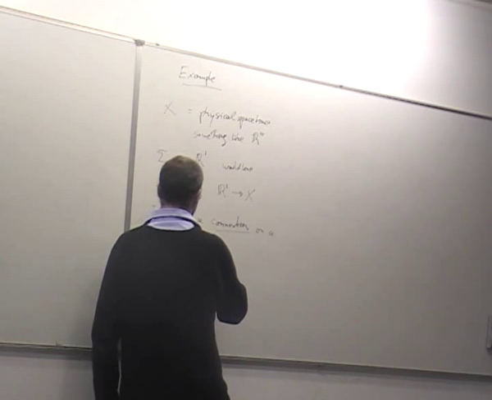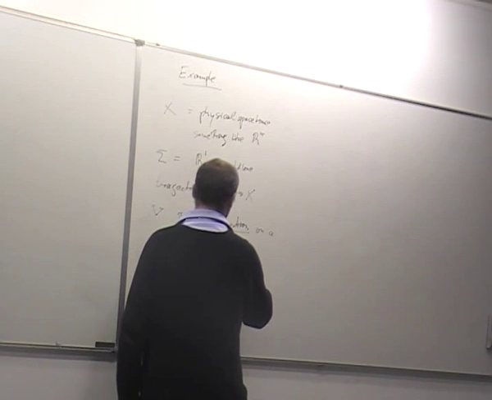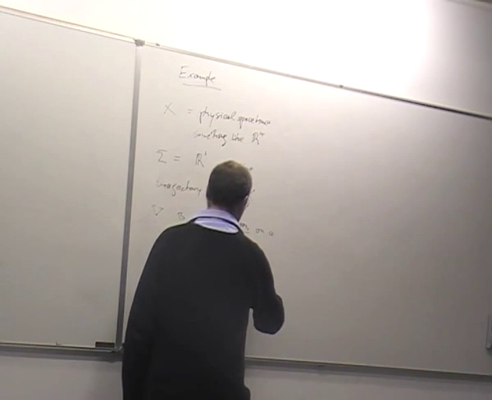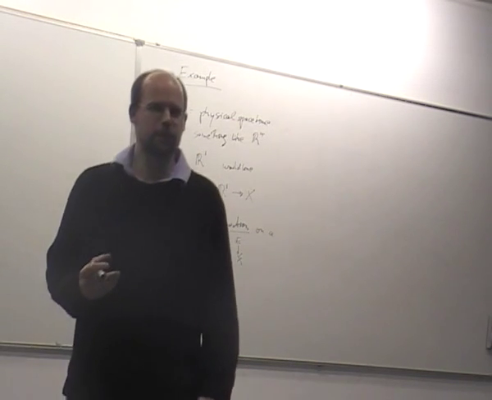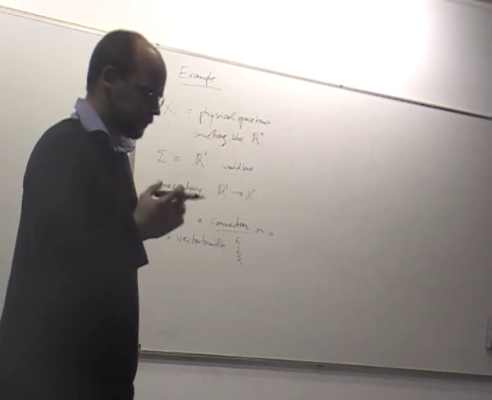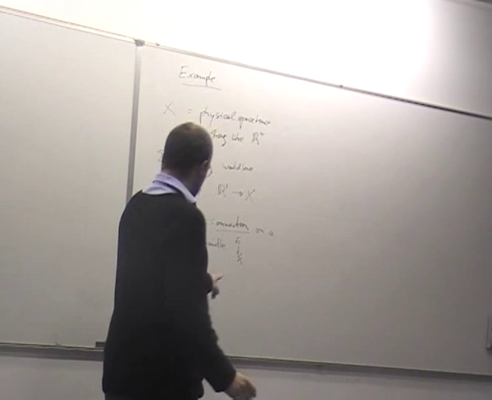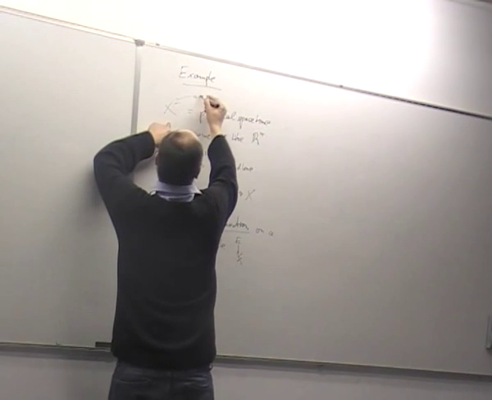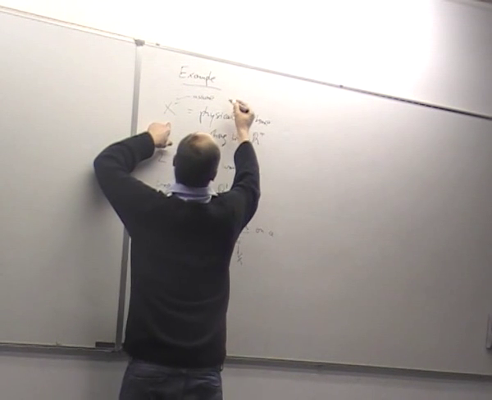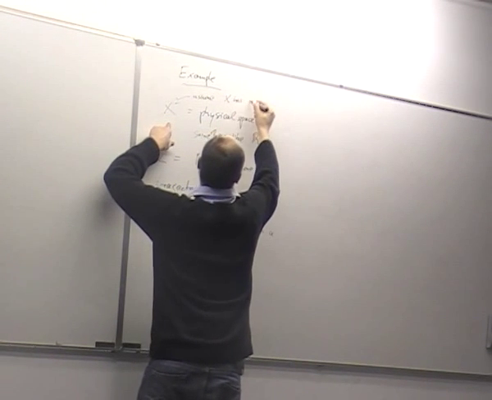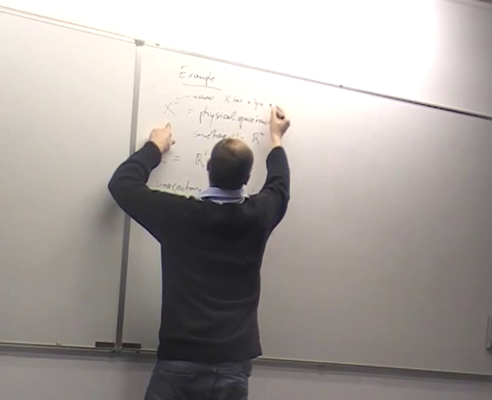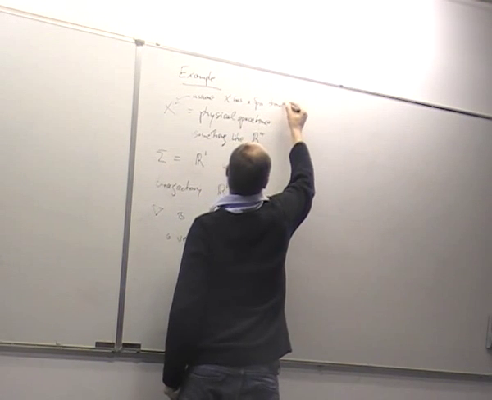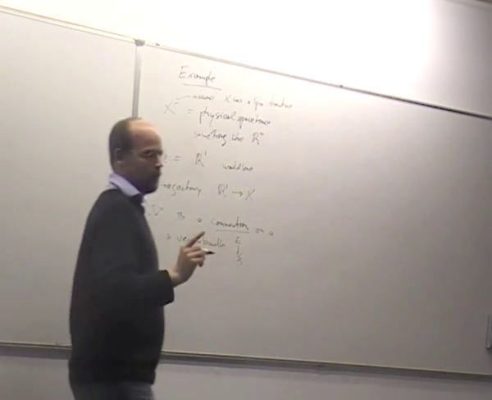On a vector bundle E over X, which is associated by some spin representation to the canonical spin bundle of X, where we now assume, I'll come back to this point, that X has a spin structure. I'll say more about this in a moment.